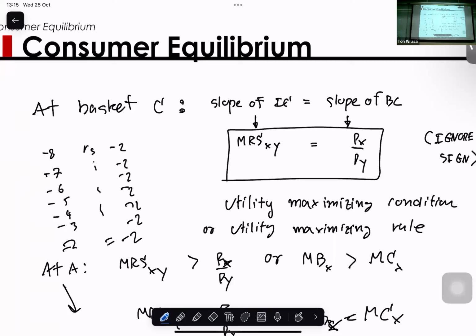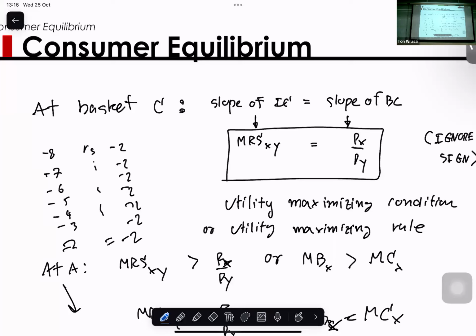Opportunity cost of good X. Can you say something more about that? Okay, MRS is the opportunity cost of good X. Yes.